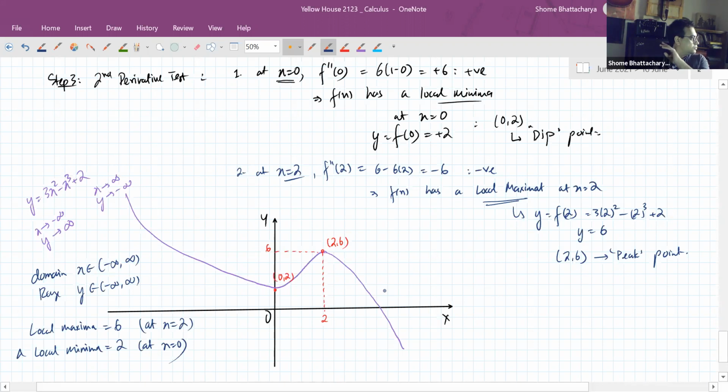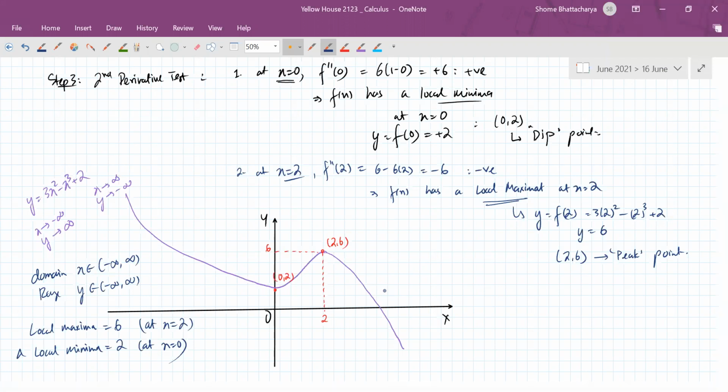Sir, can you tell how to find the domain and range again, from this method?